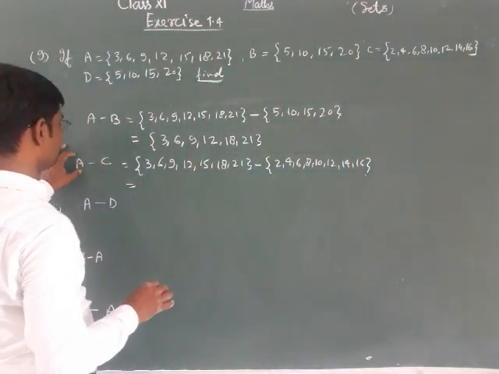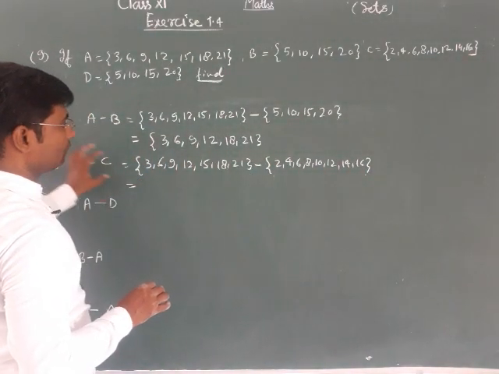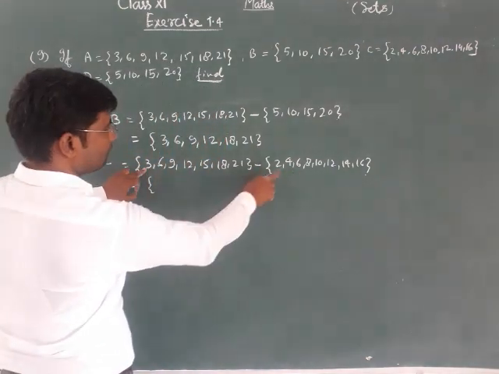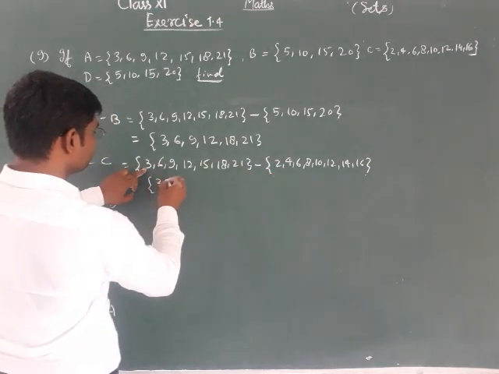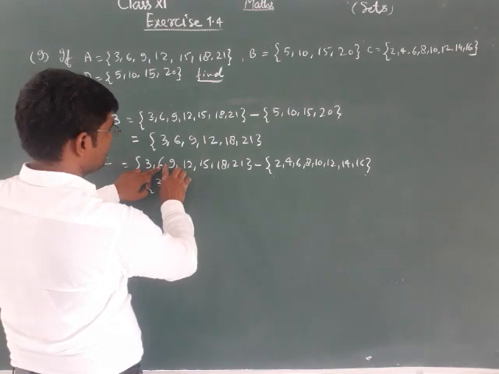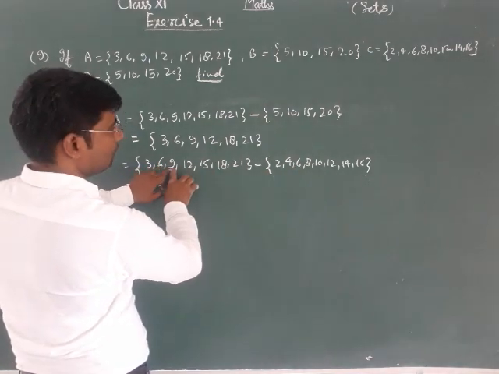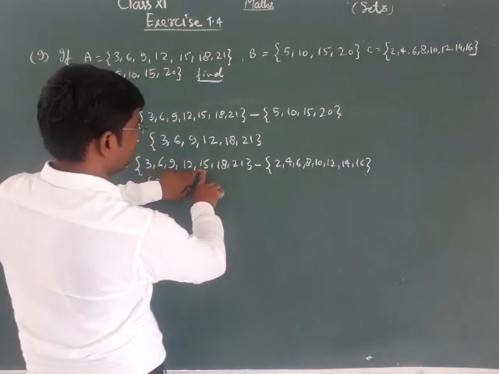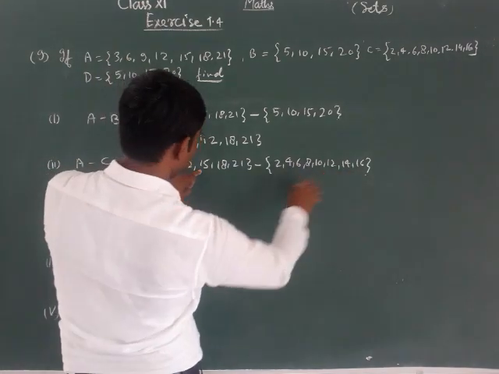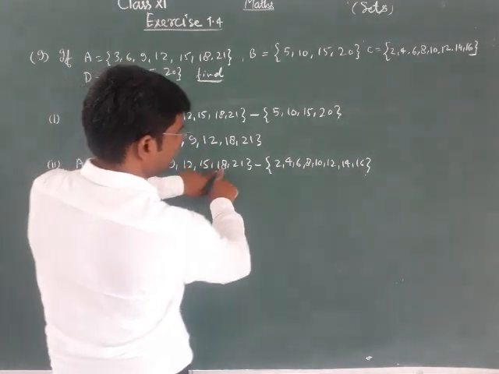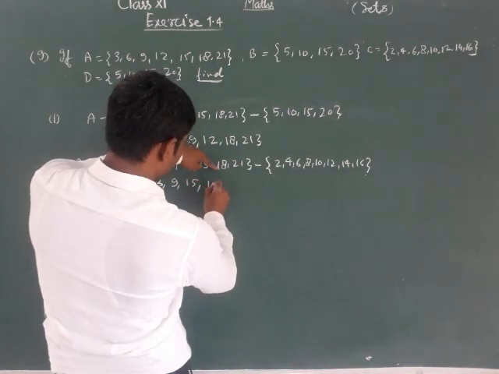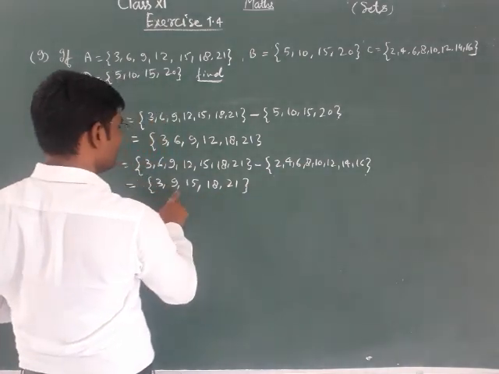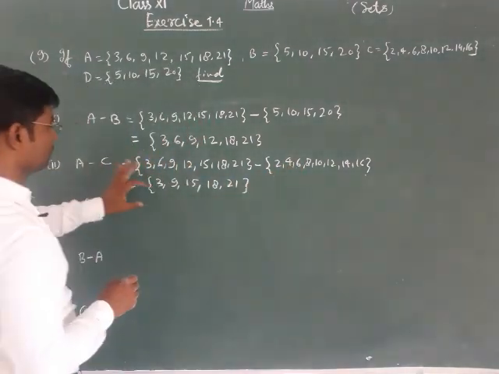So 3 is not present in this set, 6 is present, 9 is not present, 12 is present, 15 is not present, 18 and 21 are not present. So these are the elements not present in set C. So this is A minus C.